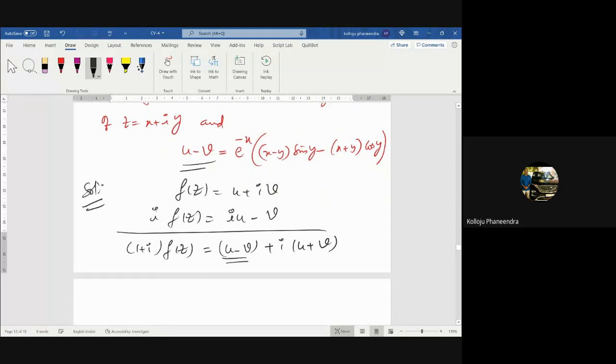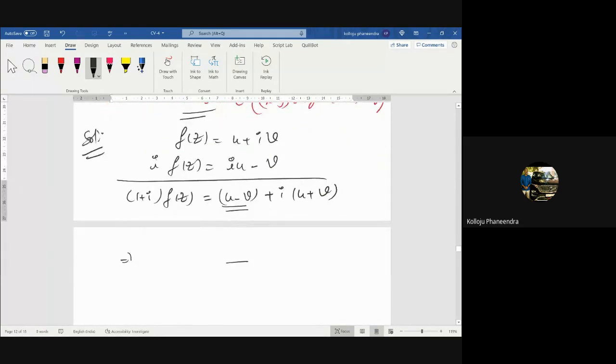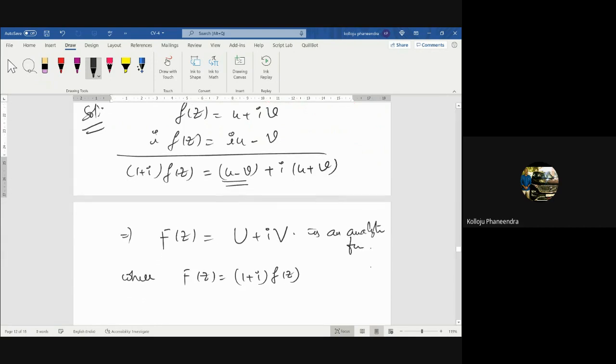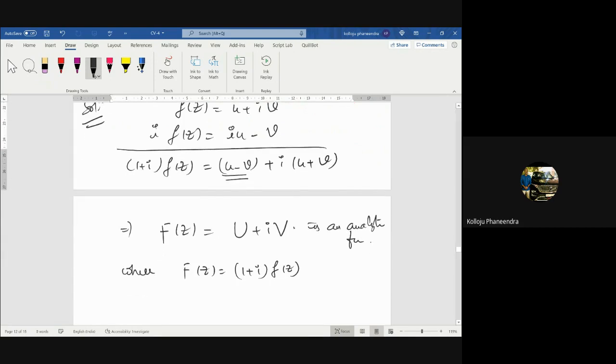The real part is known. That implies I'm taking F of z equal to capital U plus i capital V, where capital F of z is (1 plus i) into small f of z, an analytic function. And what is capital U? Capital U equal to u minus v.